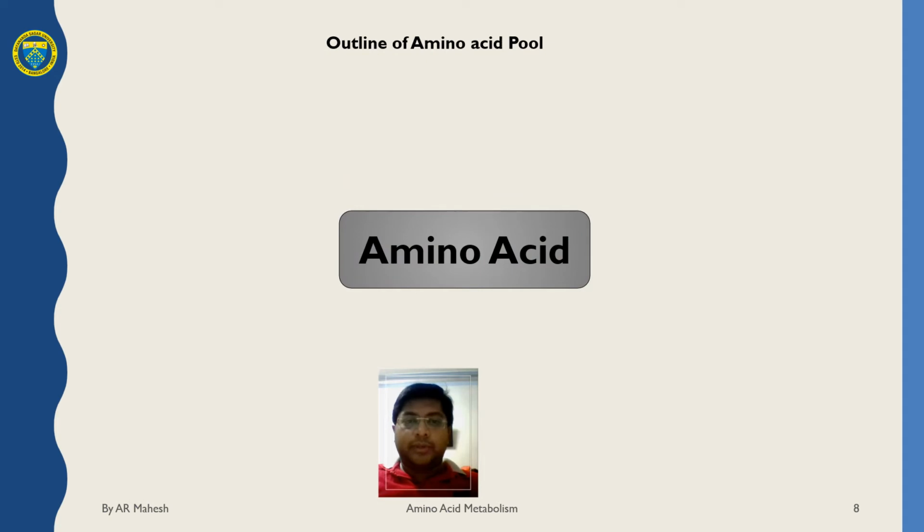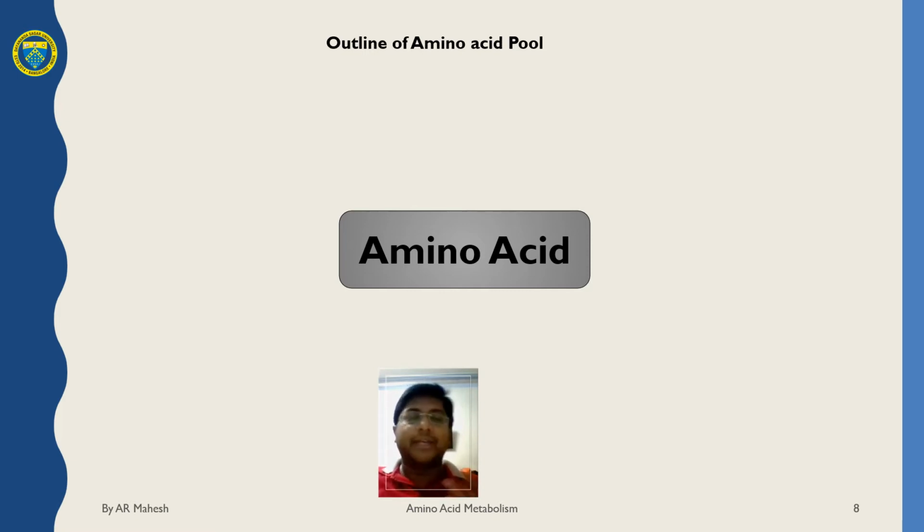Amino acid pool refers to what happens to the amino acid which enters into the body. Once any amino acid enters into the body, it should either be utilized or be excreted out. How it is excreted or in what way it is utilized is what we summarize as an amino acid pool.